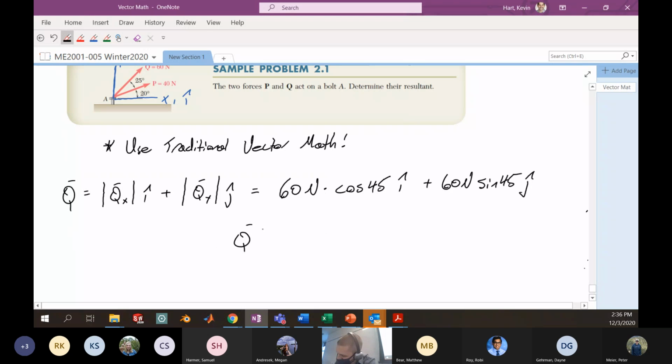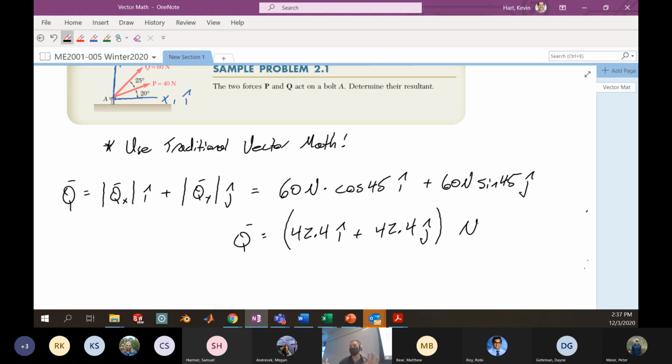And so here the vector Q, written using this unit vector notation, is just going to be 42.4 i hat plus 42.4 j hat newtons. Okay, so that's how we would represent this vector using these rectangular components.